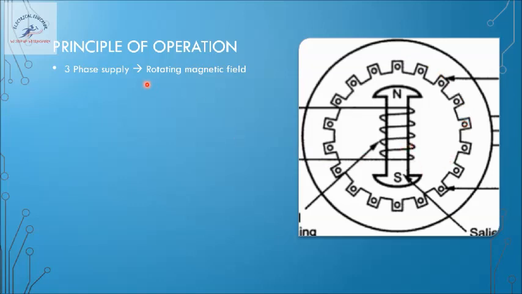This gives us an effect called the rotating magnetic field. So the magnetic field in the stator is rotating throughout its periphery because of the three phase supply. We know how a three phase sinusoidal waveform looks, and as a resultant of it, a strong rotating magnetic field is induced in the stator.